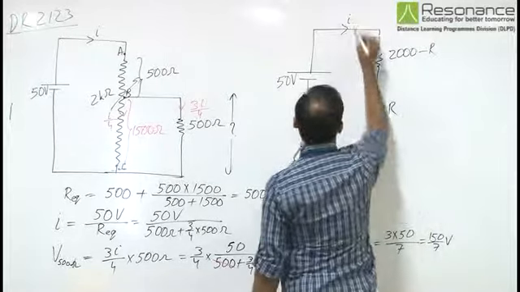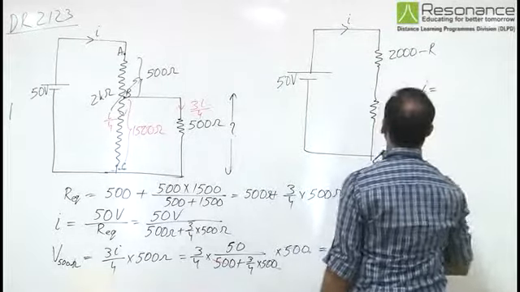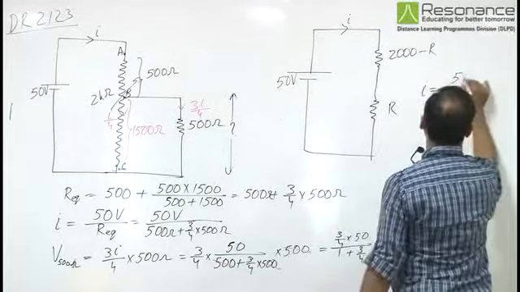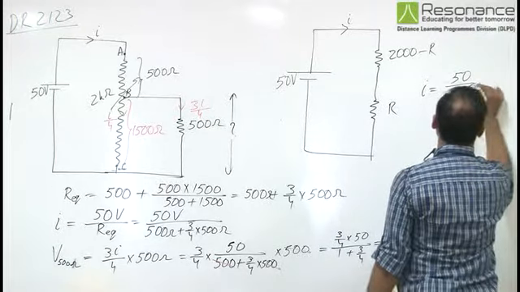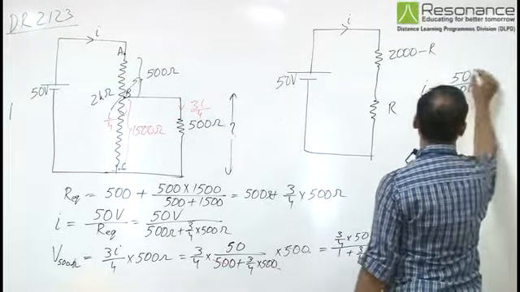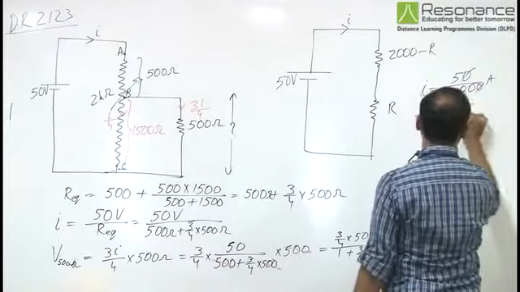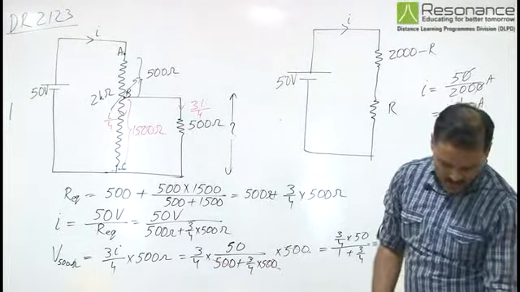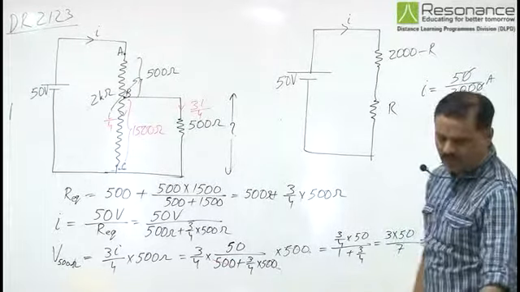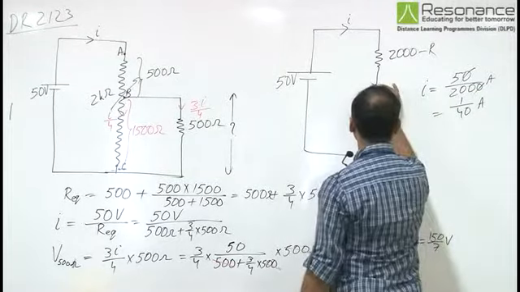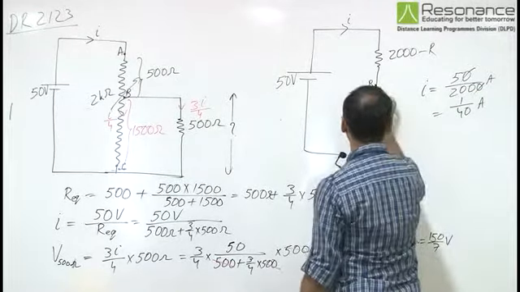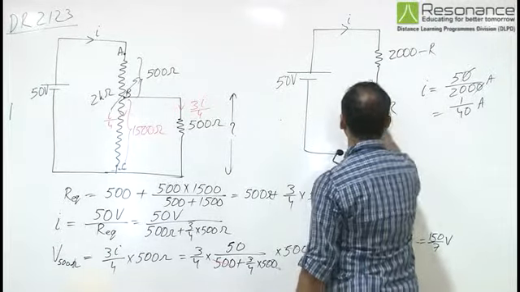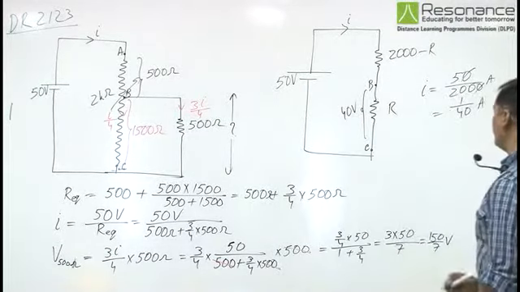Now current in the circuit I is equal to 50 by 2000 ampere, that is equal to 1 upon 40 ampere. Now it is asked that potential difference across BC has to be equal to 40 volt.